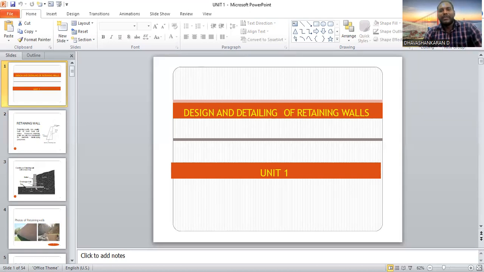Then, analyzing the backfill, how to find out the maximum pressure at the height. So there is a formula that has been given for pressure intensity, that is P equals Ka into gamma into H. Ka is nothing but the coefficient of active earth pressure, Kp denotes the coefficient of passive earth pressure, then gamma is the density of the soil, then H is denoted as the height.